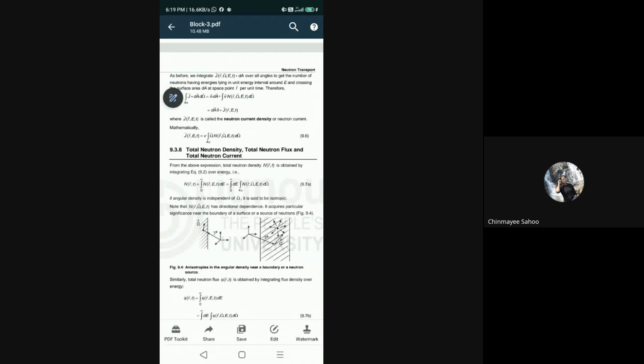If angular density is independent of omega, it is said to be isotropic. So N has directional dependence. It acquires particular significance near the boundary of a surface or a source of neutrons. So anisotropies in angular density near a boundary or a neutron source can be shown in the figure. I am showing it in the slide.